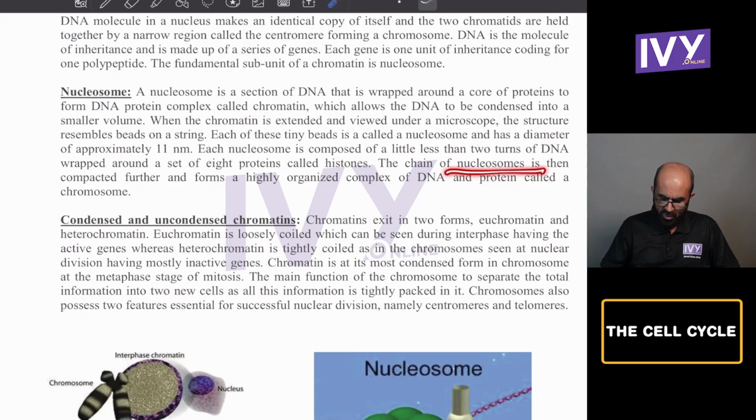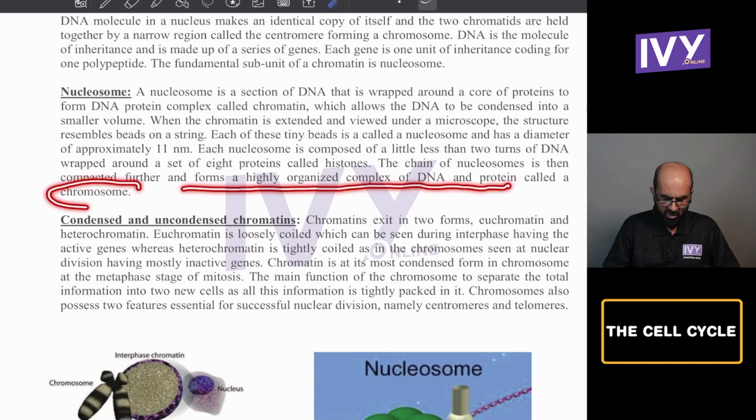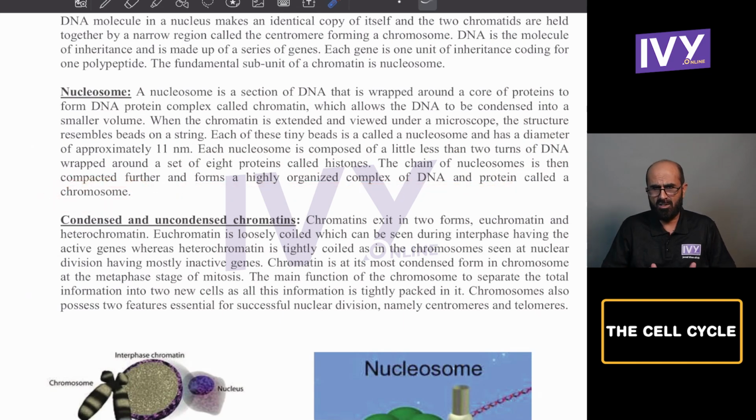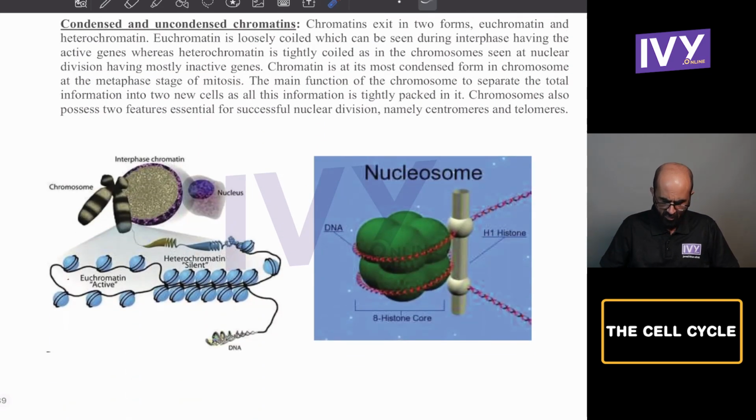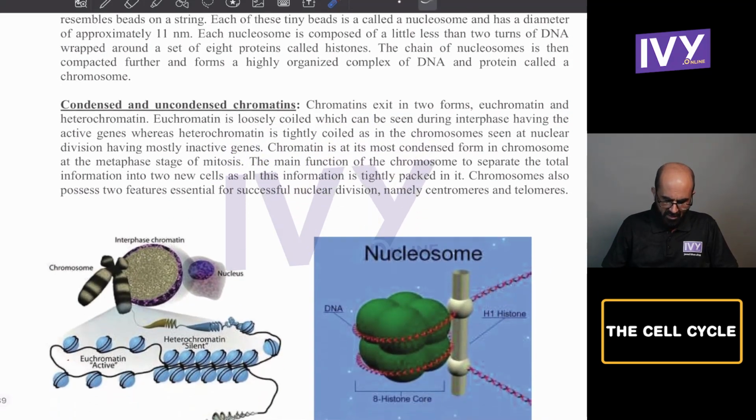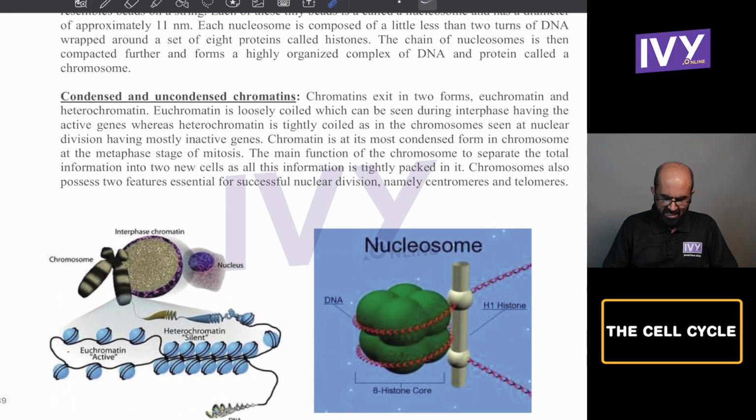The chain of nucleosomes is then compacted further and forms a highly organized complex of DNA and protein called a chromosome. Once the chain is completely compacted, like the entire chromosome becoming heterochromatin, it makes the structure of a chromosome. Then we have two regions, condensed and uncondensed chromatin.